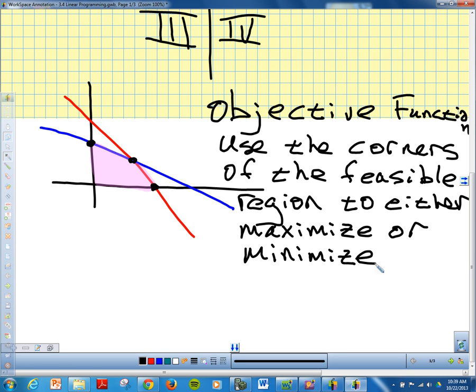And like 95% of the time we're going to be maximizing. Plug in the corners to figure out which number is biggest, and then we're going to answer the question basically.